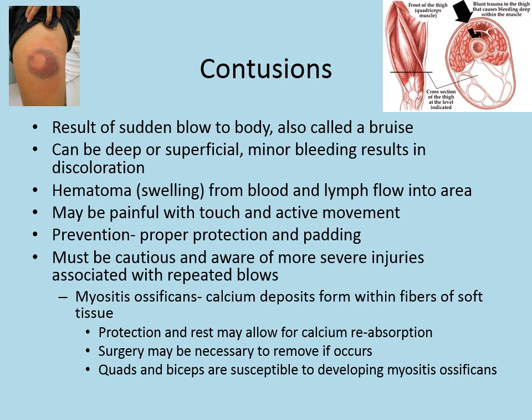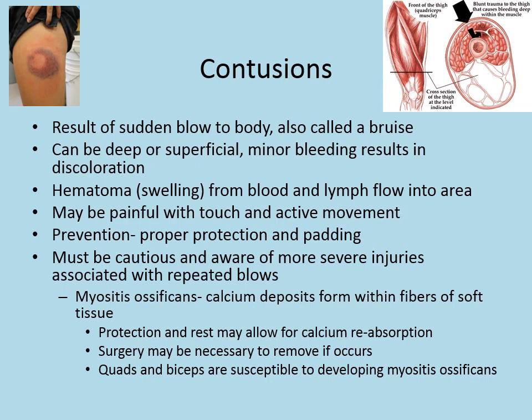Unfortunately, those calcium deposits can actually start to kind of tear up the muscle tissue, and it can cause some damage in and of itself. So this is a very serious injury that we want to do our best to try to avoid. We can do that by properly padding current contusions or trying to avoid getting one in the first place. If somebody has myositis ossificans, it's very important to have proper protection and rest, and that may allow for some calcium reabsorption, but if it doesn't, then the person would have to have surgery.